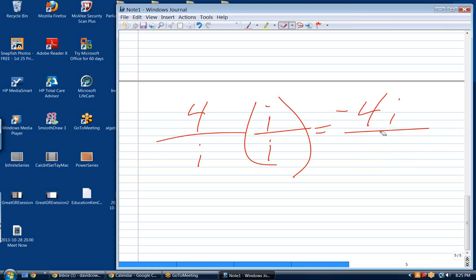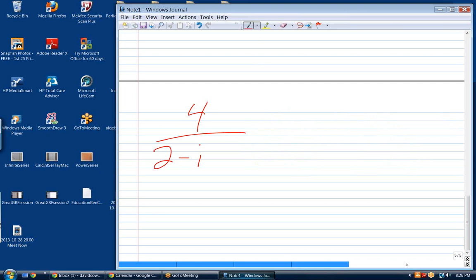That's our goal. The problem is if I put a real number in front of that, let's say 2 minus i, now I can't multiply by i over i. It won't get rid of the imaginary part in the denominator. The only way to get rid of the imaginary part in the denominator is to multiply by the conjugate. What's the conjugate of 2 minus i? 2 plus i.